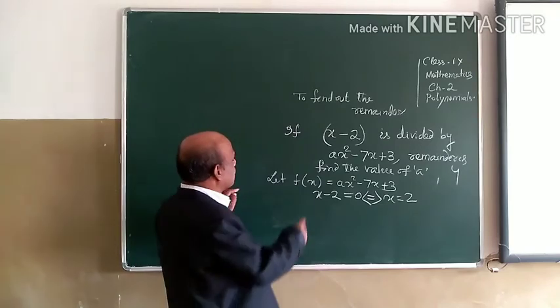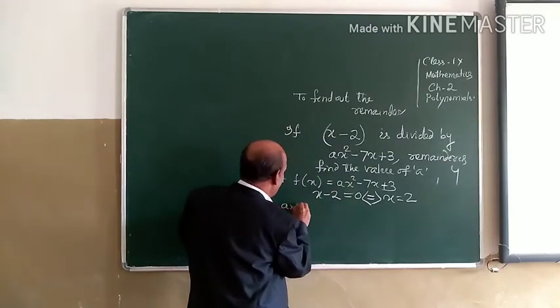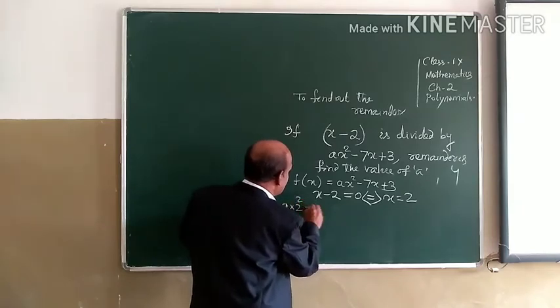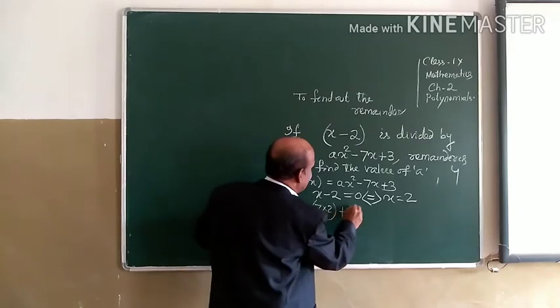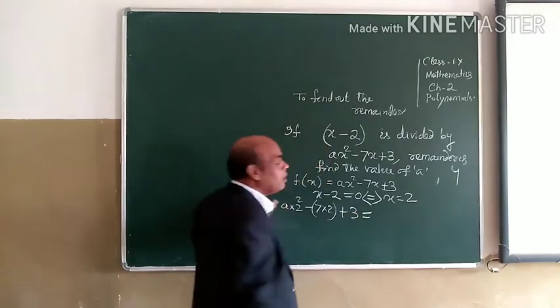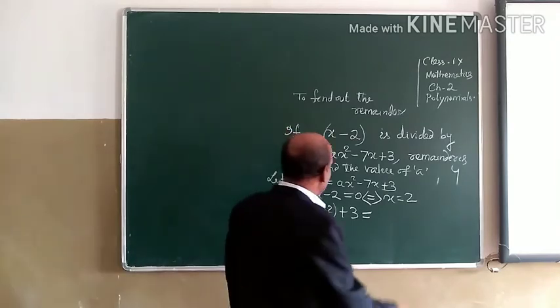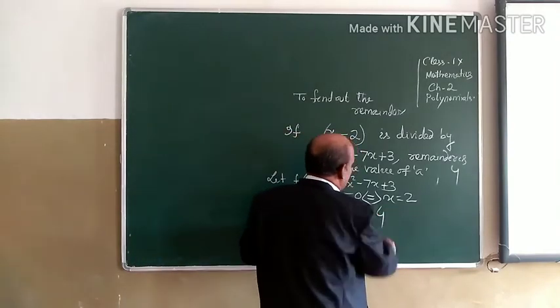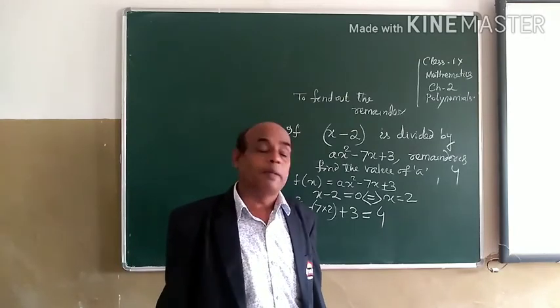Now we just have to insert the value x is equal to 2 in the dividend. So we will write a into square of 2 minus 7 into 2 plus 3, that is equal to the remainder. What is the remainder given here? Remainder is 4. So we write it equal to 4.